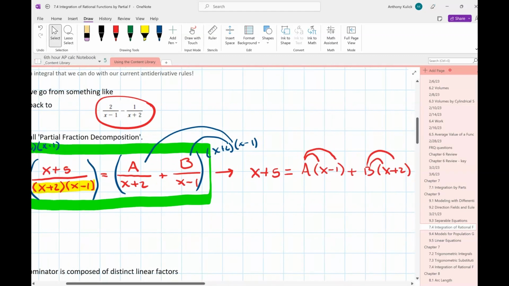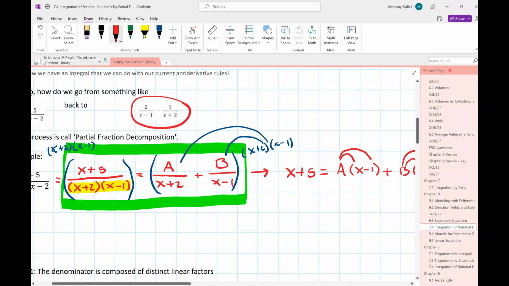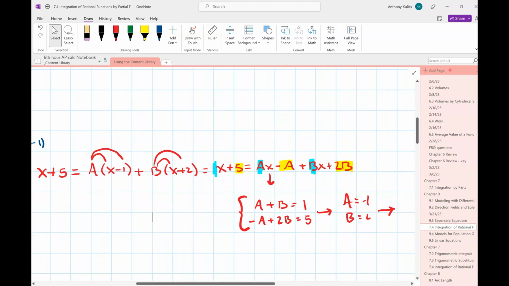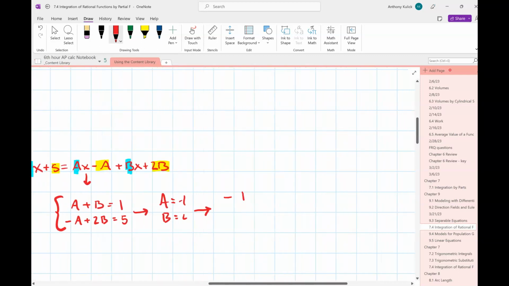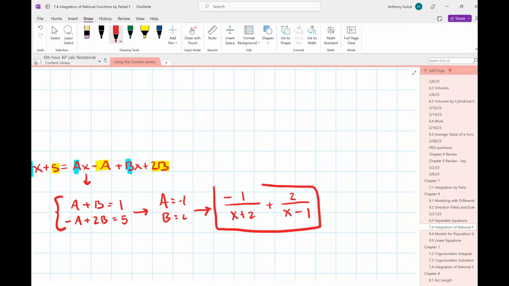If I go back here, I have -1 over x plus 2 plus 2 over x minus 1. So that's my partial fraction decomposition.